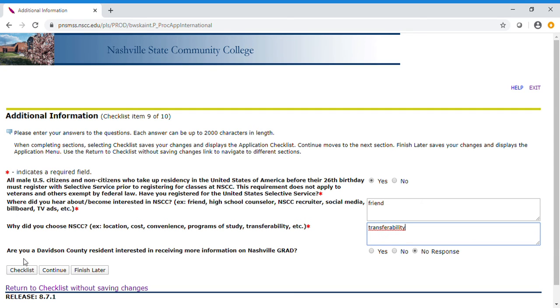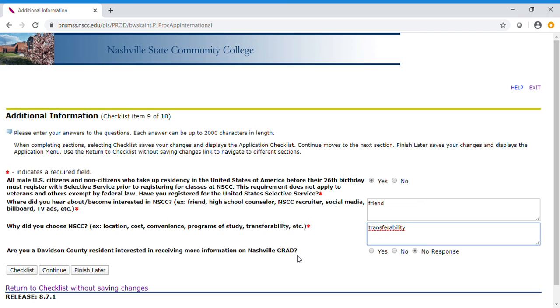All right. So, are you a Davidson County resident interested in receiving more information on Nashville Grad? Notice that this does not have a red asterisk. I really wish it did because it's a great program. Nashville Grad will be very helpful to you when you're a Nashville State student.